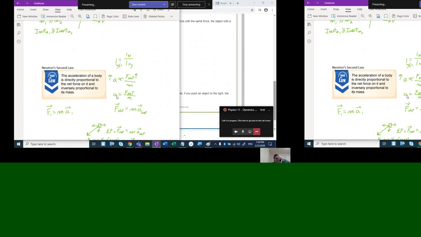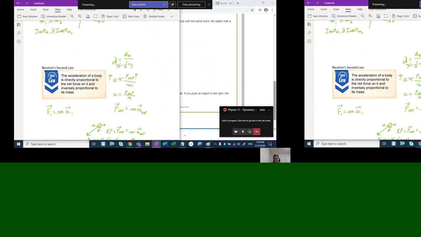I'm pushing a 1 kilogram object with a force of 1 Newton, and it will accelerate at 1 meter per second squared in space. If you increase the force to 2, you increase the acceleration to 2.